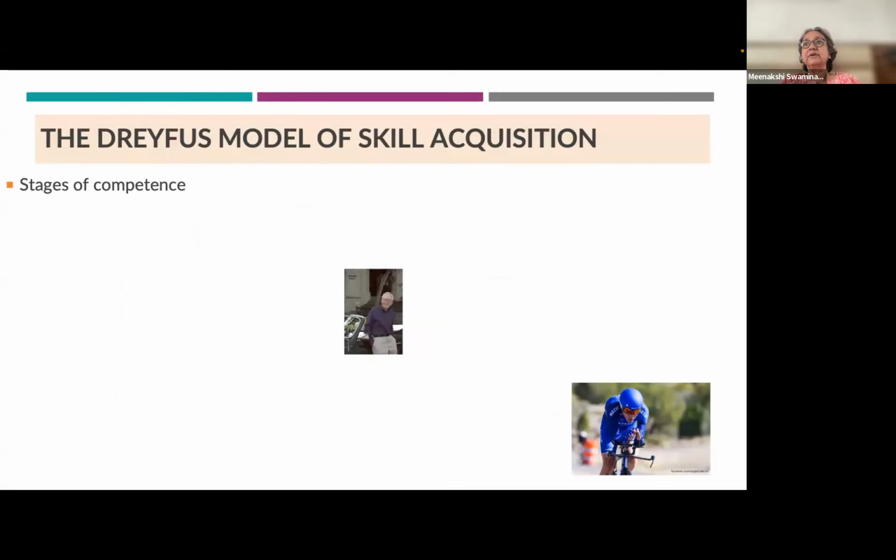It is based on the Dreyfus model of skill acquisition, which defines that to become competent, you go through stages of competence.